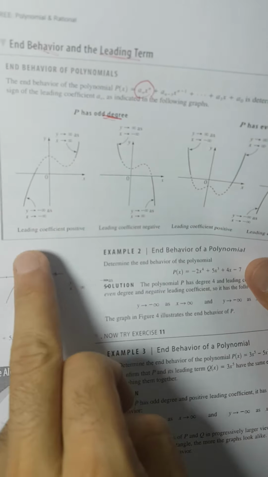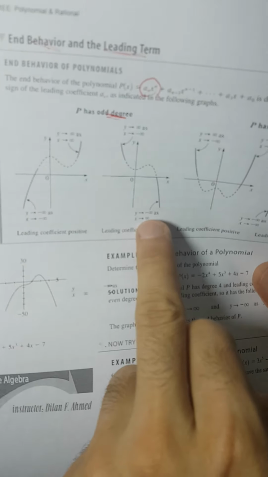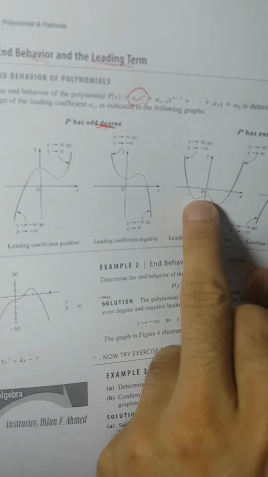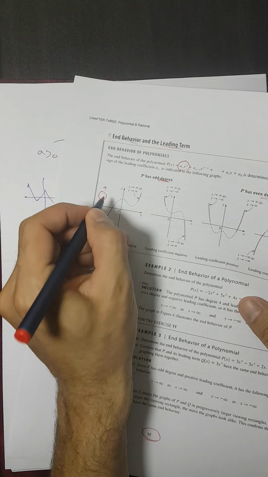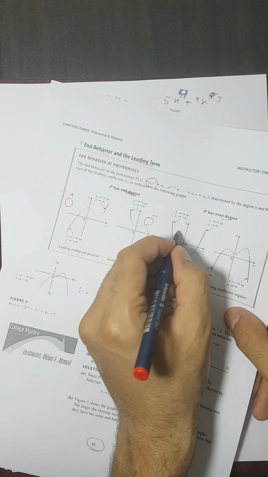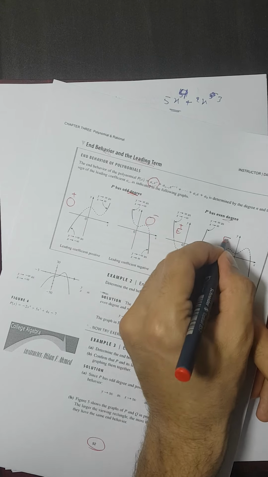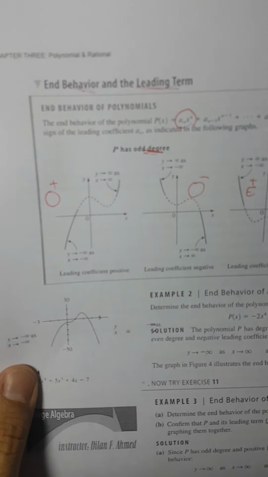So odd positive, odd negative, even positive, and even negative.